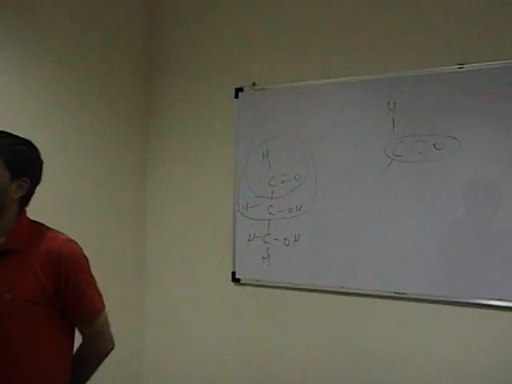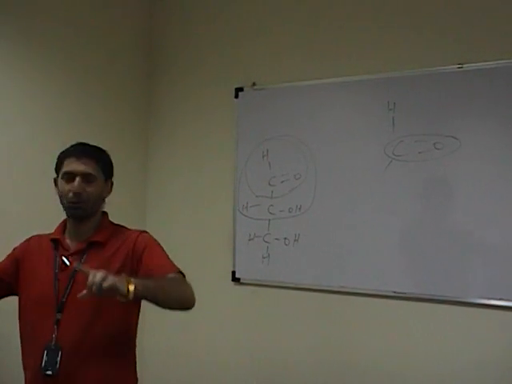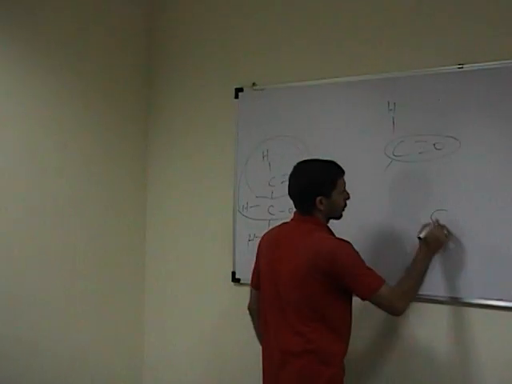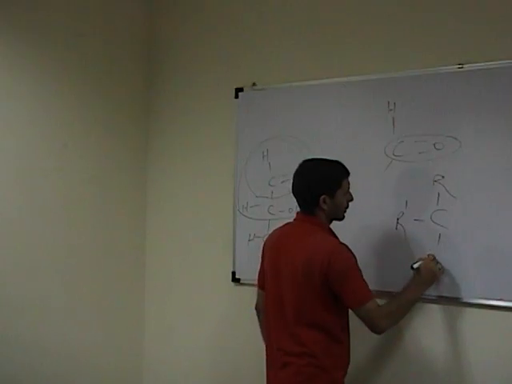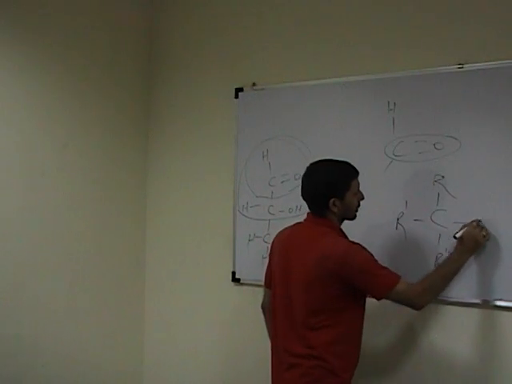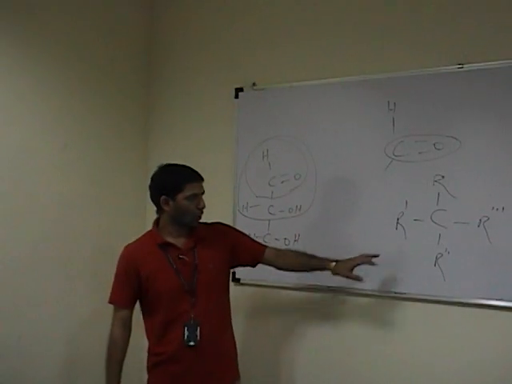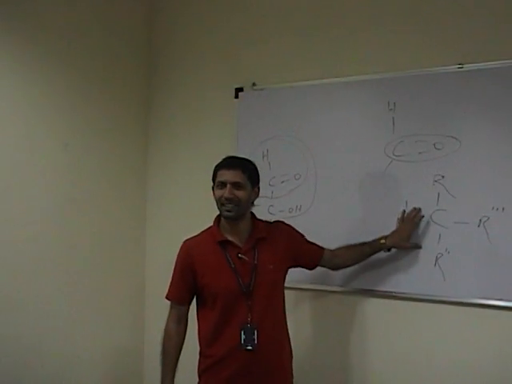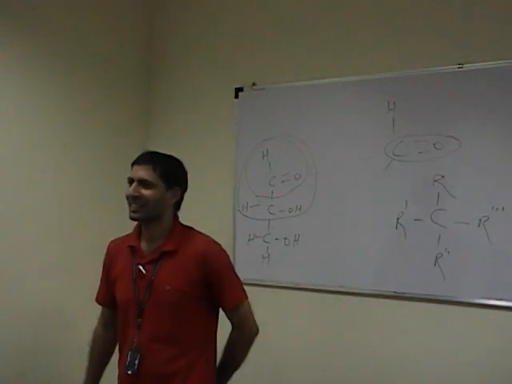Understand? Chiral carbons are asymmetric. It means when all the 4, suppose you put R dash, R double dash, and R, all the 4 groups are different, such a carbon is called asymmetric carbon, and such a molecule is considered a chiral molecule.